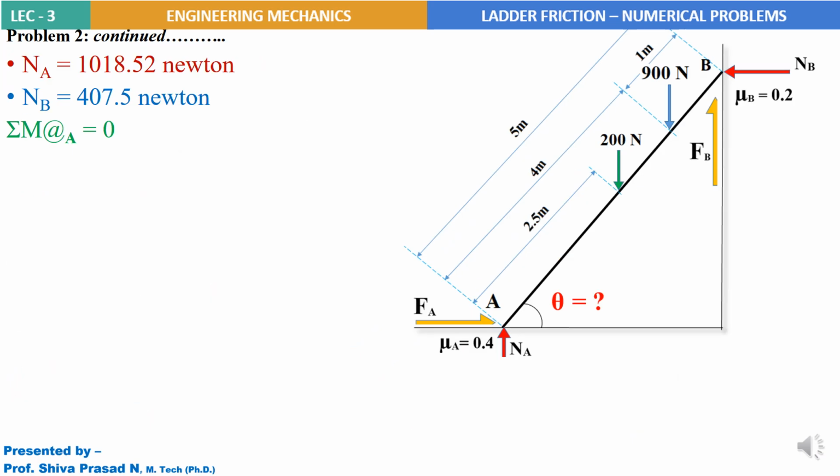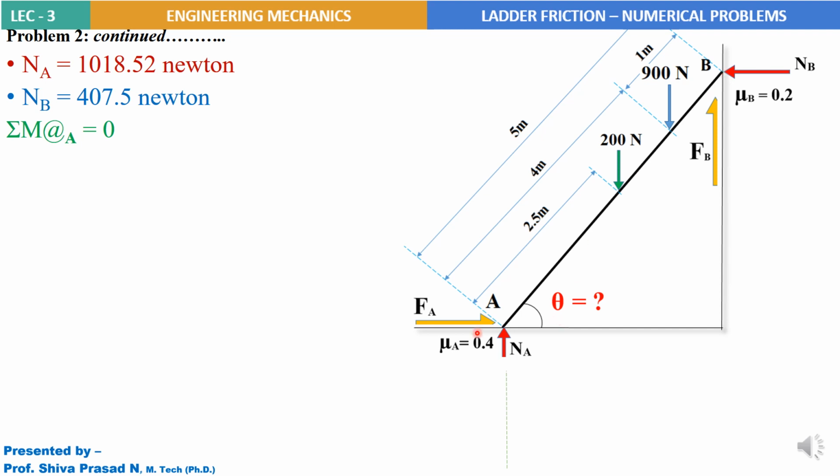Next, with these two values of NA and NB, let's move on to the third condition of equilibrium, that is sigma M about A equal to 0. Again, why I choose A here? Because you have the same number of unknowns in both cases, at point A and point B. So you can apply the moments about any point.